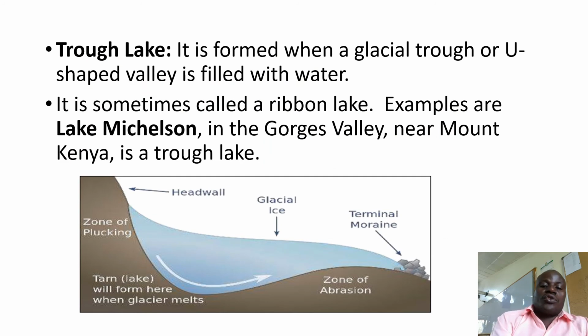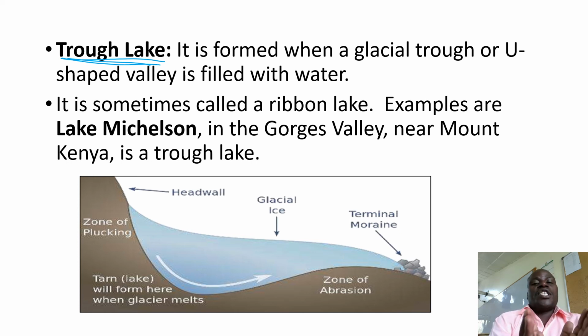Then we have trough lakes or a trough lake. A trough is similar to a U-shaped valley. During glaciation, when we are studying glaciation, there is what we call glacial trough, the main trough, the U-shaped valley, which is formed as a result of lateral erosion within the former V-shaped valley.